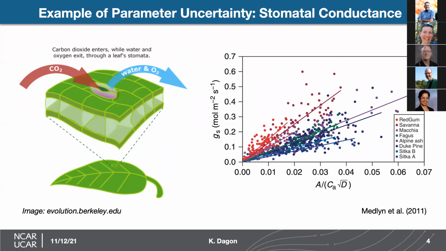Many of you are probably familiar with parameterizations like this, but we're using an empirically derived relationship between model conductance and a normalized photosynthesis on the x-axis here. This is from the Medlyn et al. paper, where you can see that when you look across different species, you have different slopes for this relationship. So clearly the slope is different across different species.